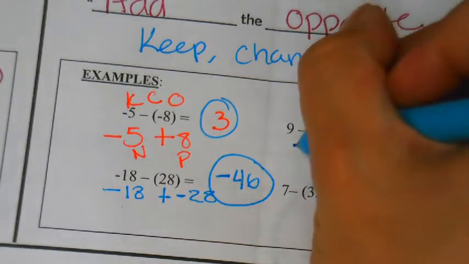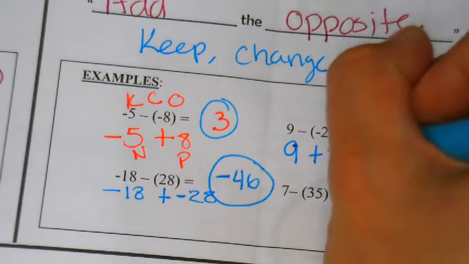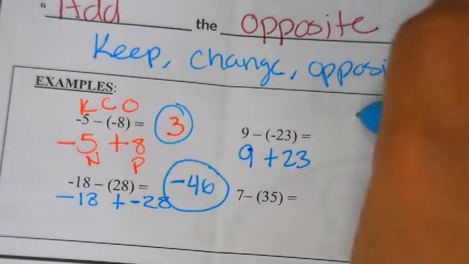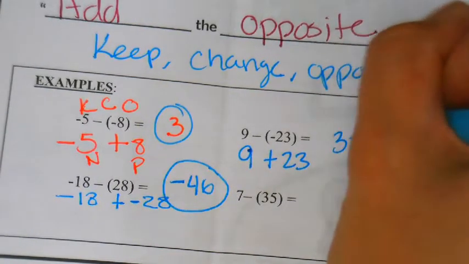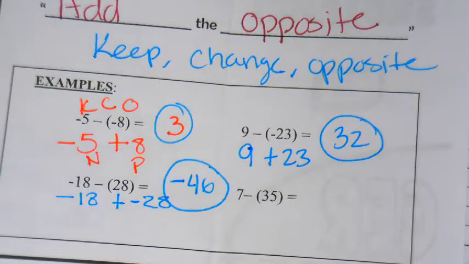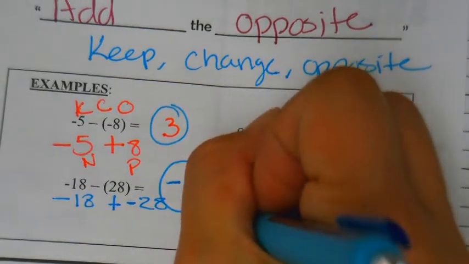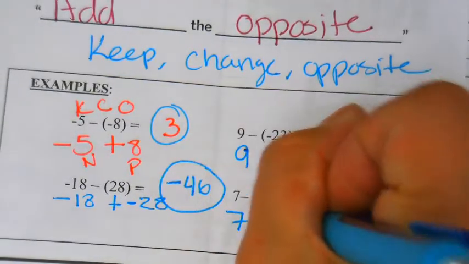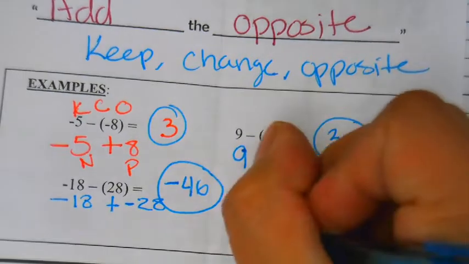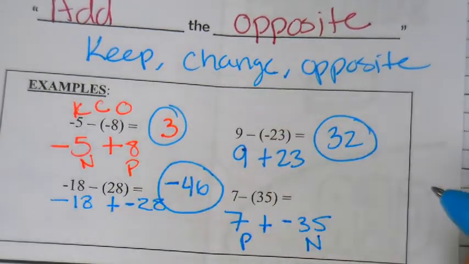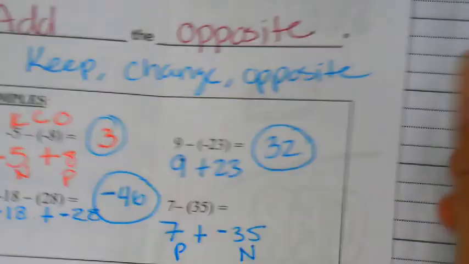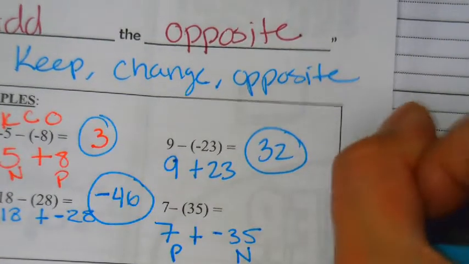So, 9 plus 23 equals 32. 7 plus negative 35. This one's a positive. This one's a negative. Subtract. Can I go on the side and subtract? Yes, you can.